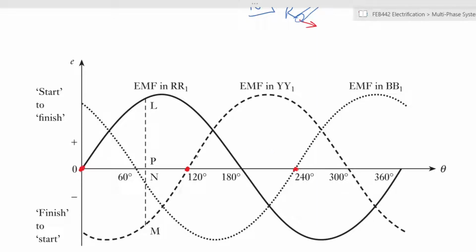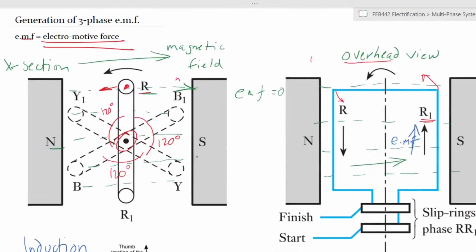So a 3-phase voltage is similar to having 3 different sources of voltage related to each other and matching each other. It is as if you were to have 3 batteries that would produce AC instead of DC, and you would be able to have connections between them. So that's the principle of three-phase power or three-phase EMF.